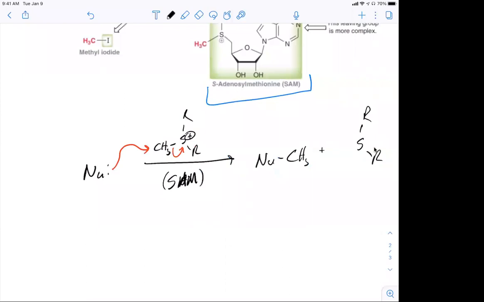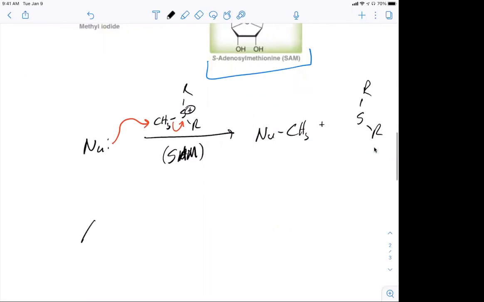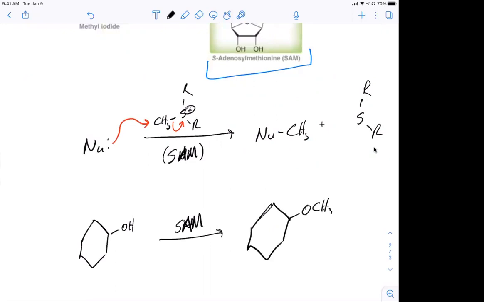On practice problems, you might see a problem where you have SAM, and that's going to methylate the nucleophilic position.